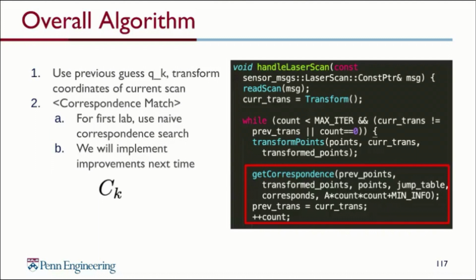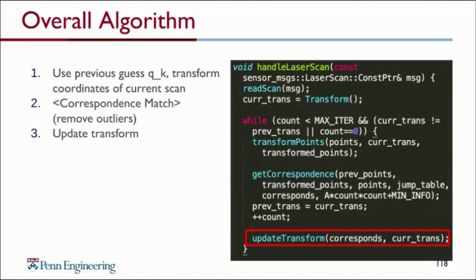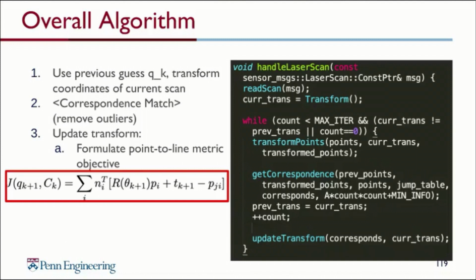But we will implement some improvements, which we'll cover next time, that will make this correspondence match much more efficient. After the correspondences have been found, the transform is then updated in the update transform function. To do this update, we first proceed by formulating the point-to-line metric objective shown here.